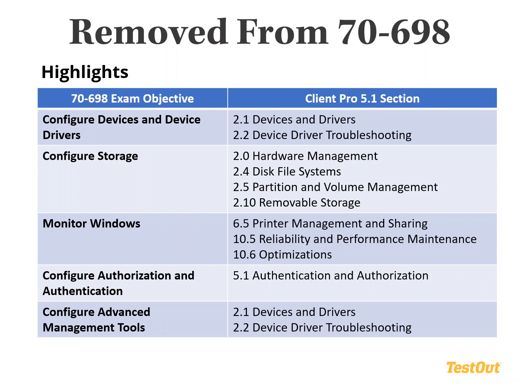Interestingly enough, configuring devices and device drivers, so your typical device driver configuration with Device Manager, configuring storage, so storage management with Disk Management, monitoring Windows, Reliability Monitor, and some of those things have been dropped from the objectives. And then some of the more advanced management tools that we're familiar with, like the MMC consoles and pieces that are a little more legacy, have also been dropped from the objectives.